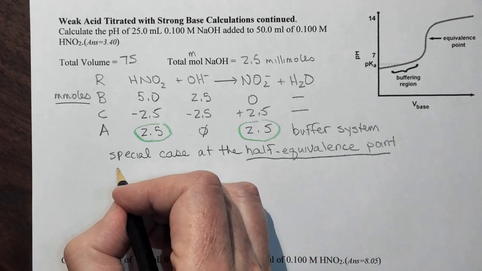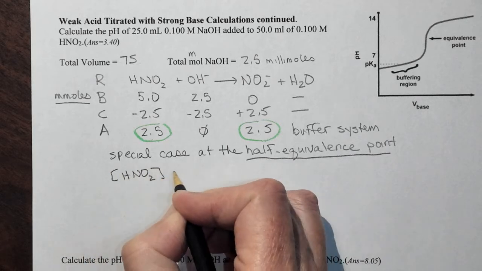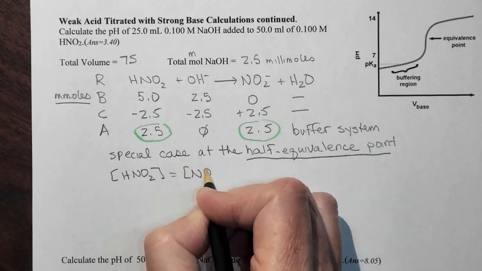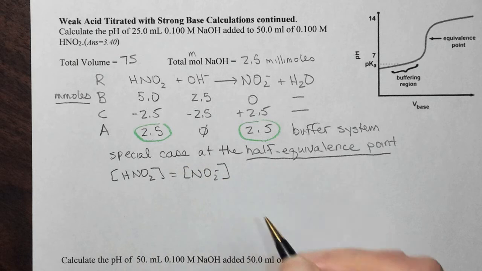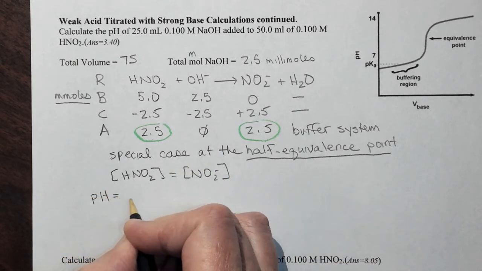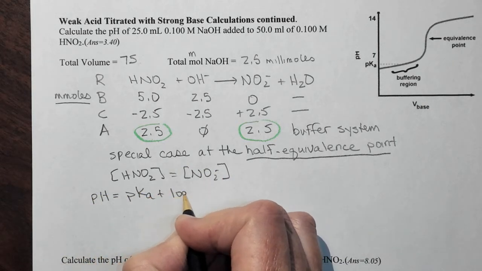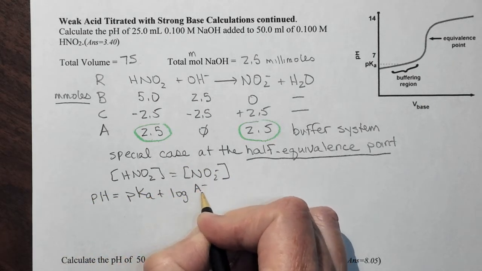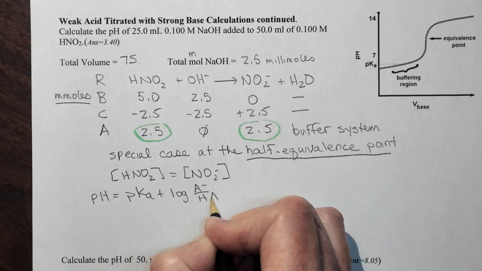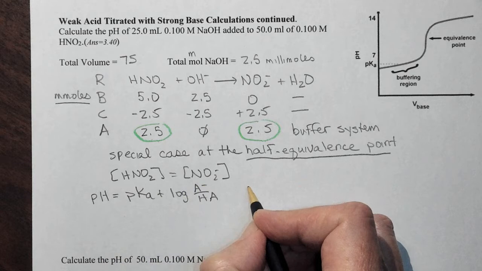At this point, the concentration of HNO2 is equal to the concentration of NO2 minus, which means when we substitute in to pH equals pKa plus log A minus over HA, that we have a 1-to-1 ratio.